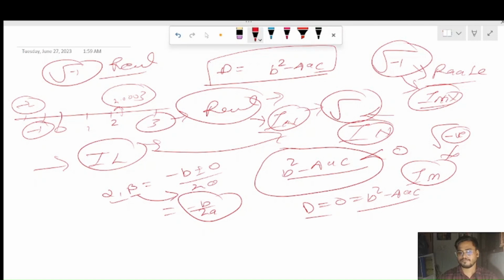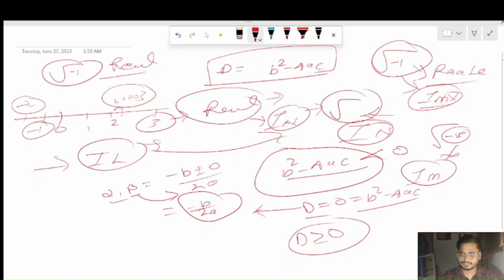When the value of d becomes 0, our roots are the same, we get the same root.